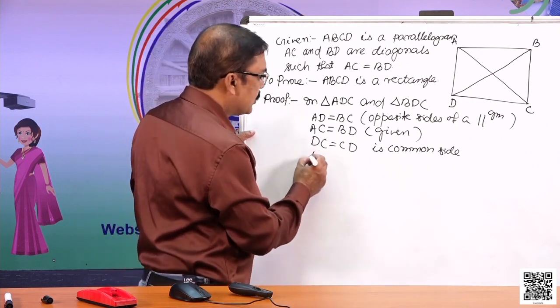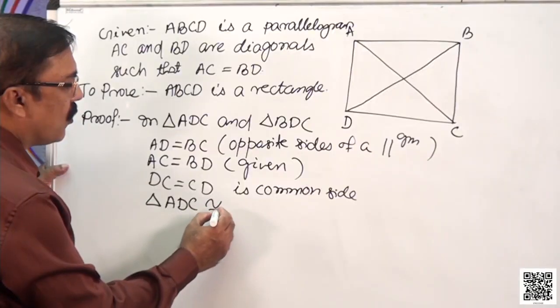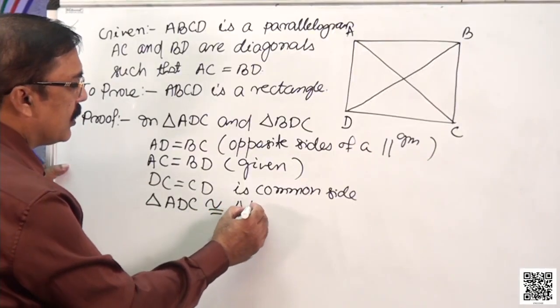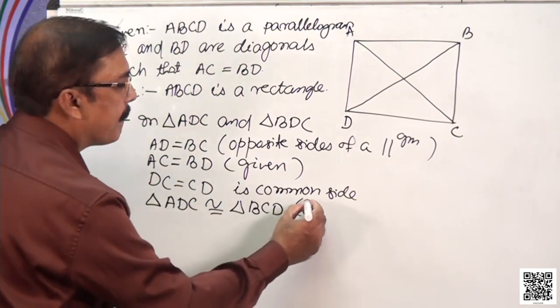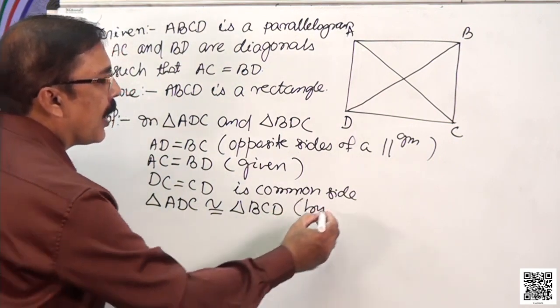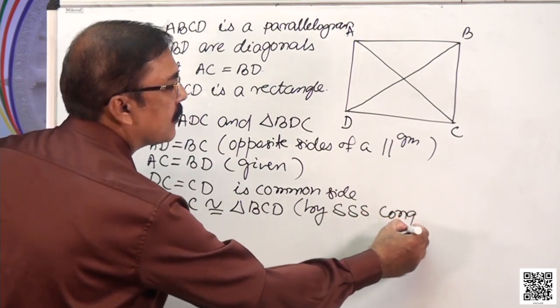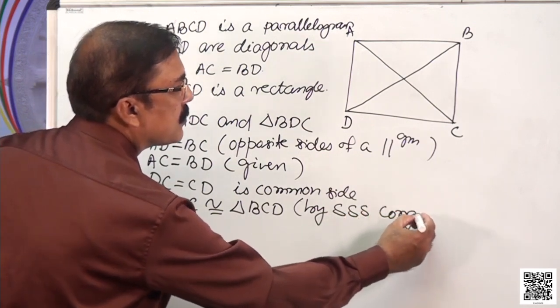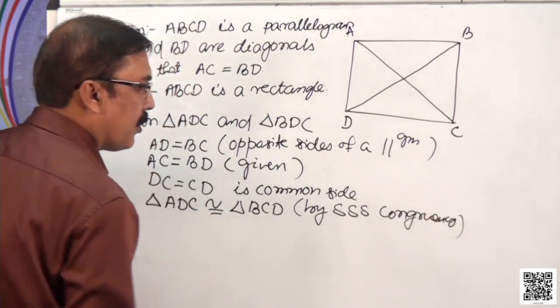So, we can say triangle ADC is congruent to triangle BCD by side side side congruency. Okay?